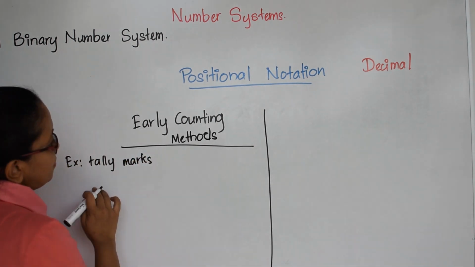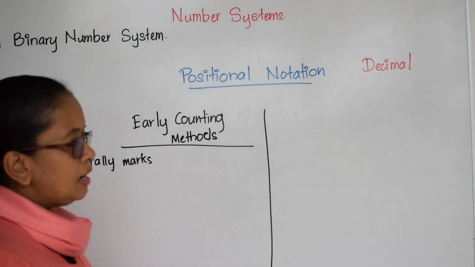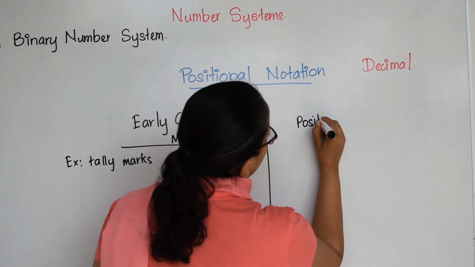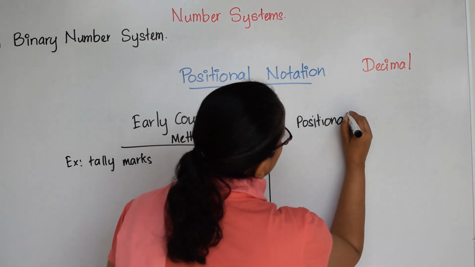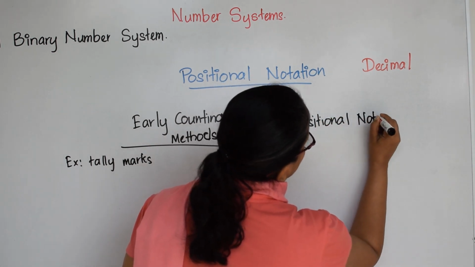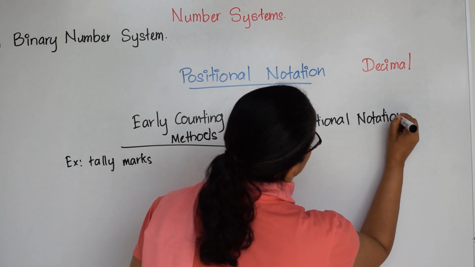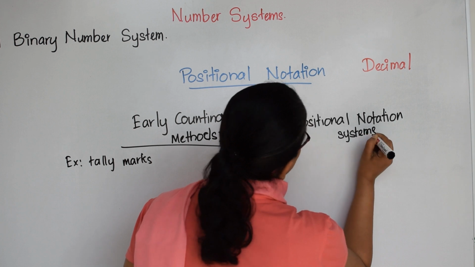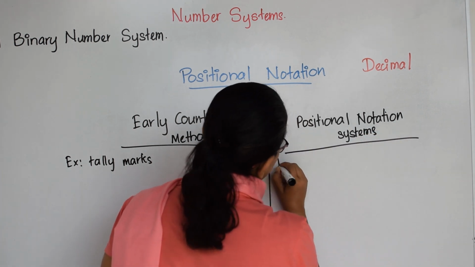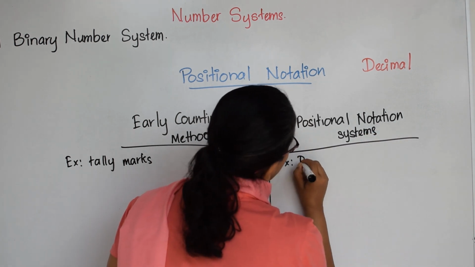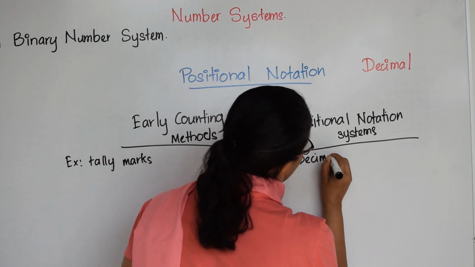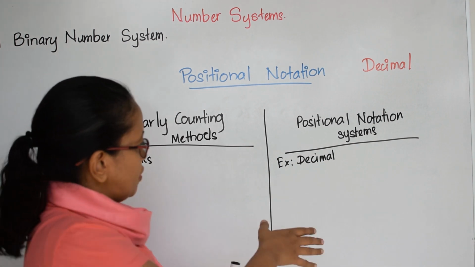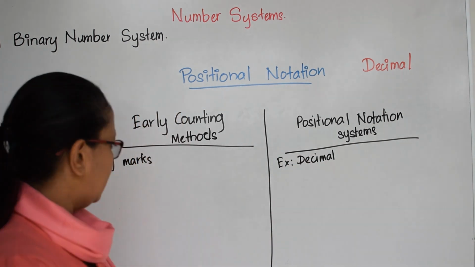And on this side I am going to have positional notation systems such as the decimal number system that I have mentioned earlier. We are going to talk about decimal notation a little later, but for the time being we will take it as an example only.